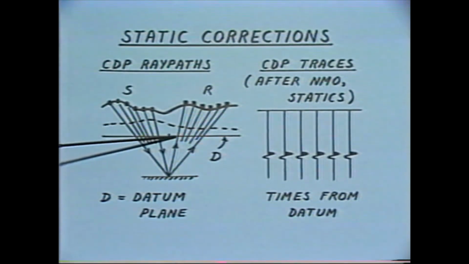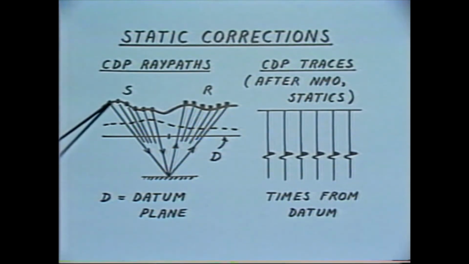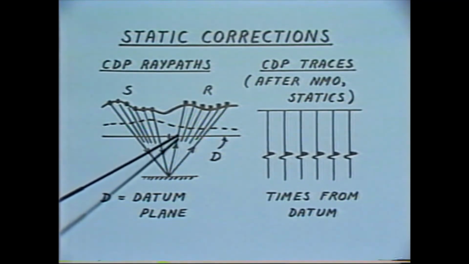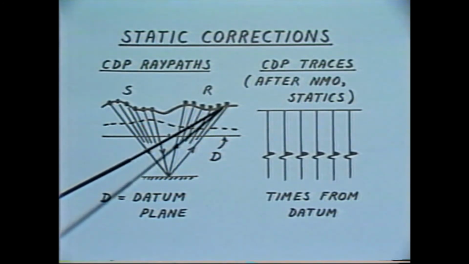We arbitrarily pick this elevation, and by a series of analyses we can determine the velocity of this near surface layer, and we would measure the elevations of the sources and receivers on the surface. And so it's possible to calculate the travel time from each source down to this datum plane for each travel path, and also the travel time from the datum plane to the receiver on each travel path.